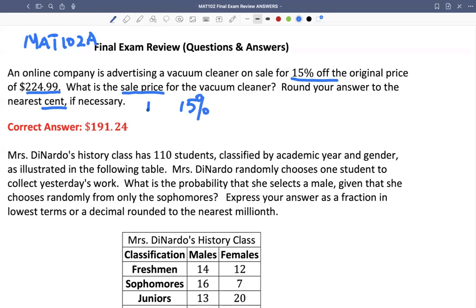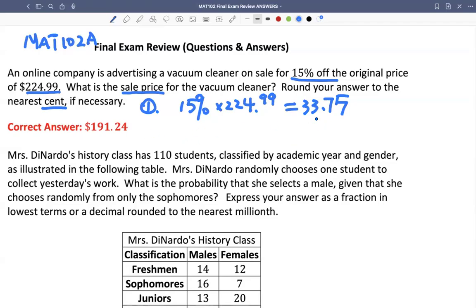We could do it two ways. One way, we can multiply 15% with $224.99, then subtract this number. The result should be 33.75.